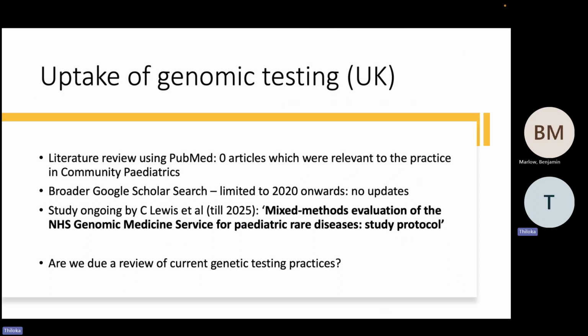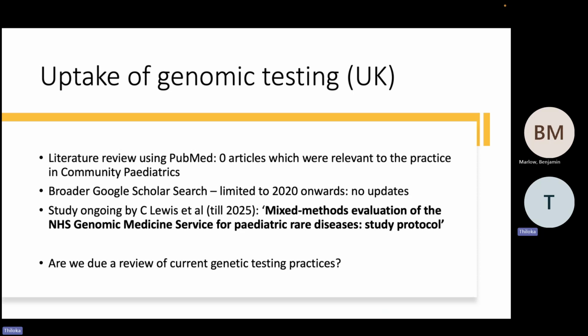Given that we're now performing studies where we're thinking about genomic testing more and more, it's important for us to keep up to date with what's going on in our field. So we've undertaken a scoping review, at least the start of one, to look at genomic testing in community pediatrics. Unfortunately, we can't find any that are relevant to the practice in the UK.